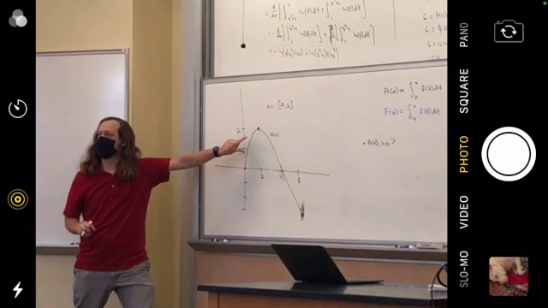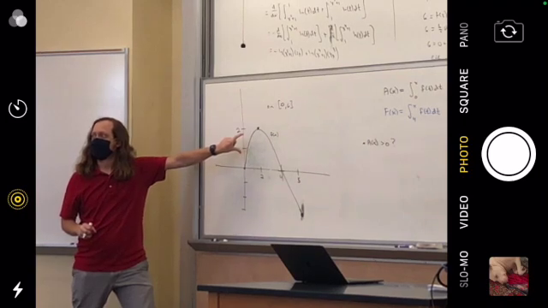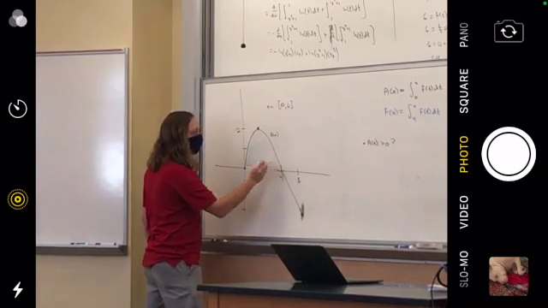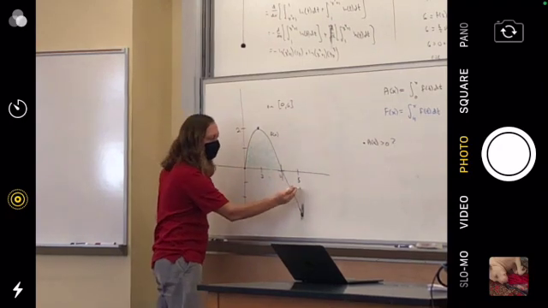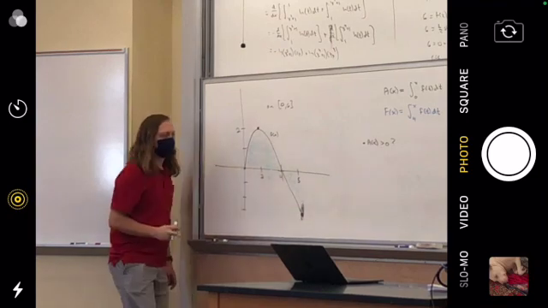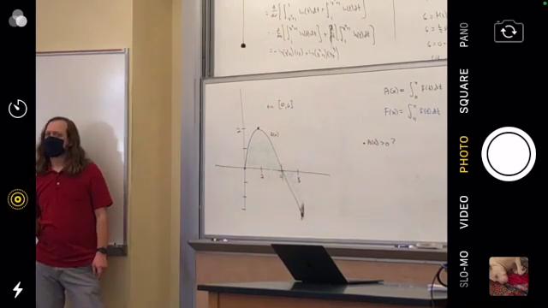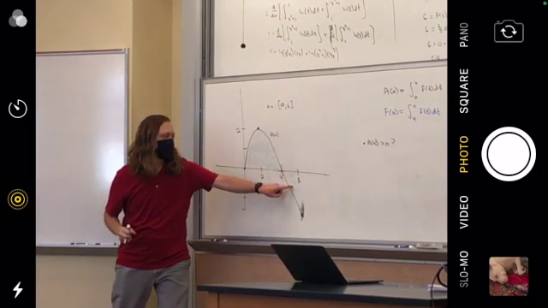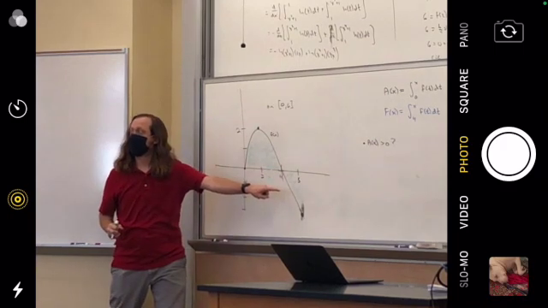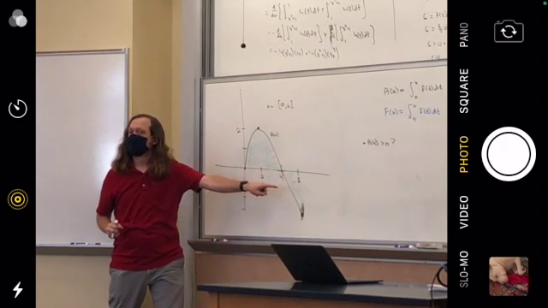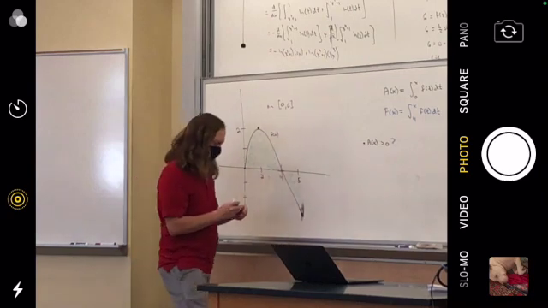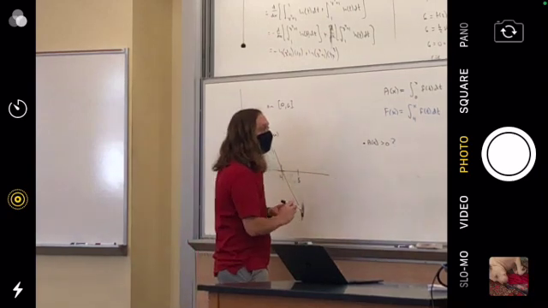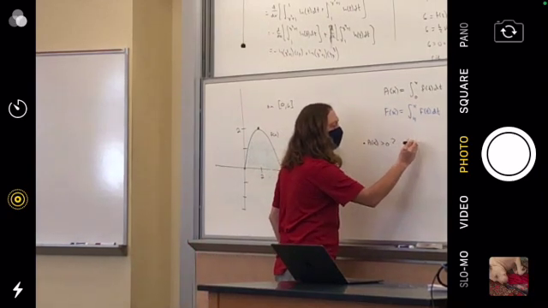I'm above the x-axis, so I'm getting positive areas. And then what about when I plug in 4 for x? Still positive, right? What if I plug in 5? Is this area, do I expect this whole definite integral to be positive or negative? So it would be this area minus this area, right? This area doesn't look as big. So it ends up, I would say, this is positive on the interval 0 to 5.